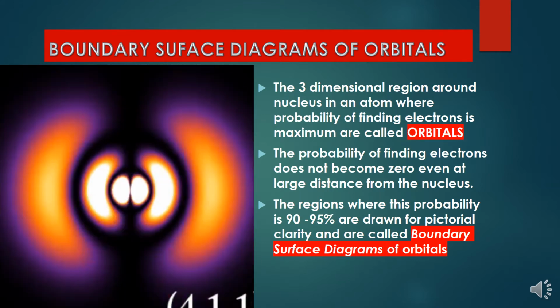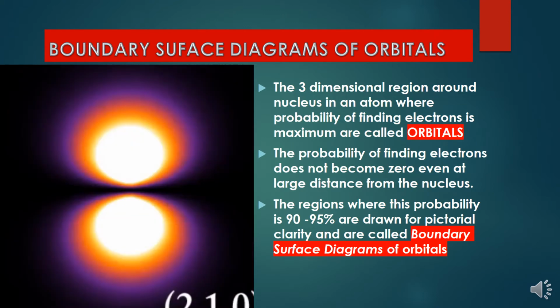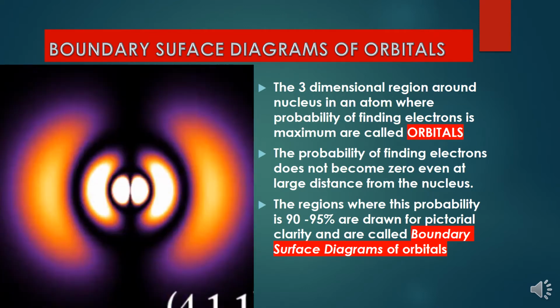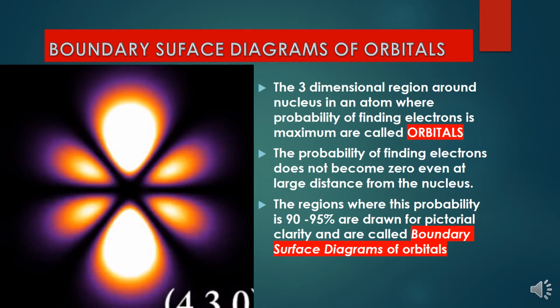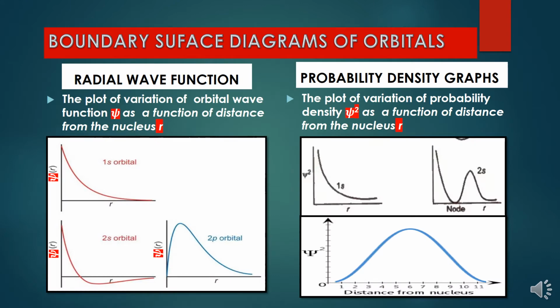Actually, the probability of finding electrons doesn't become zero even at large distance, so it is not possible to draw a specific shape. Rather, those areas are selected where this probability is maximum. So this is how these shapes were obtained.